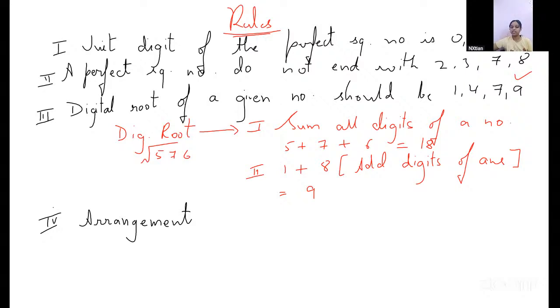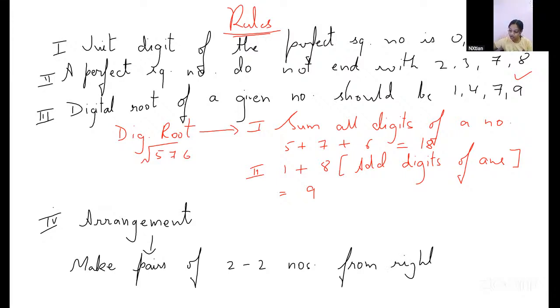Now the fourth thing is the arrangement. This is not actually a rule, but a step. When you are calculating any root of any number, you make pairs. Make pairs of two numbers from right to left.